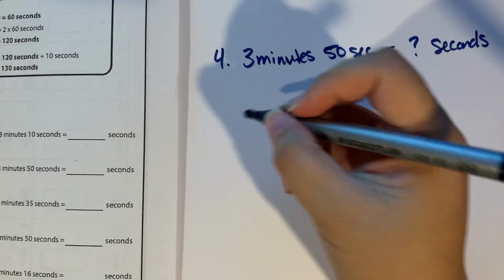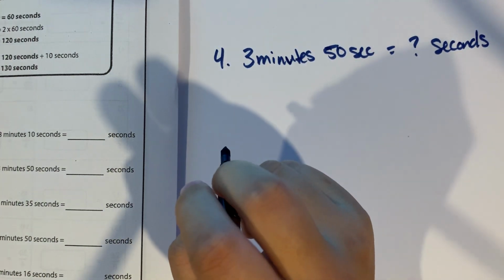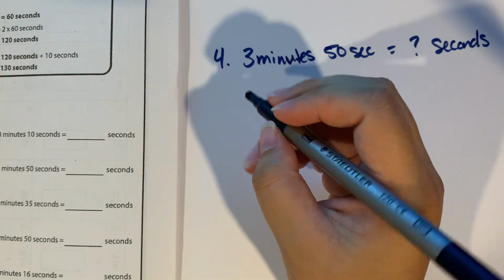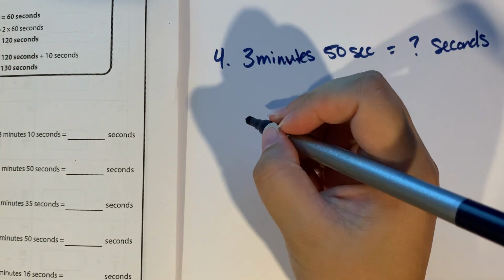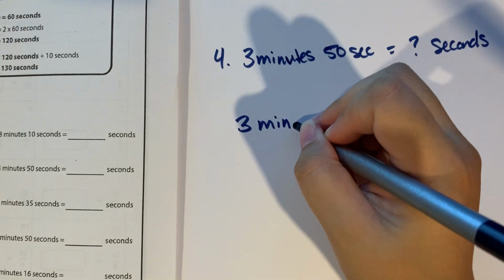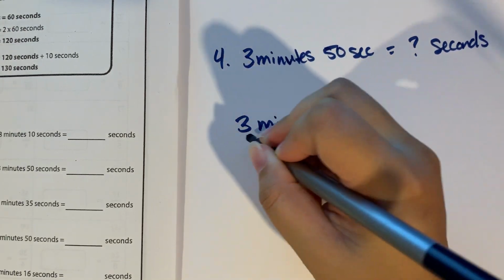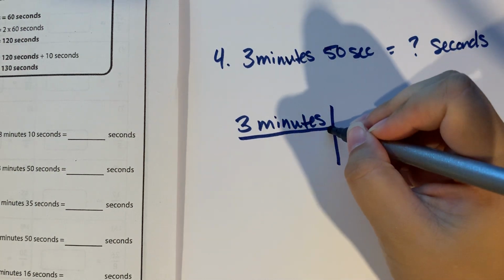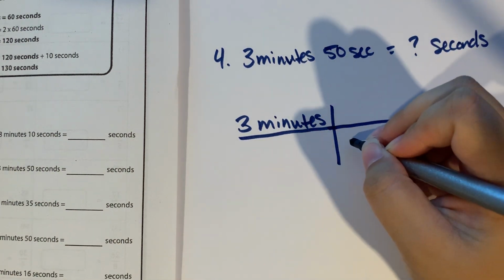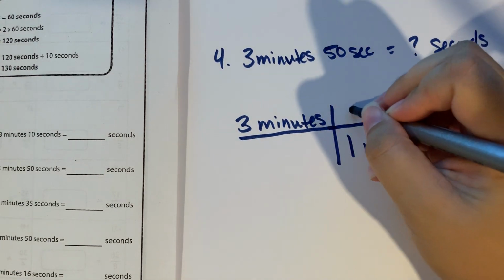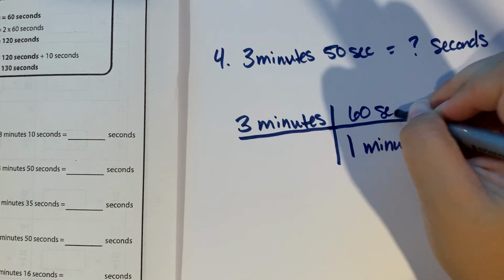Easiest way to do this: this is the process that you should be using for any type of time conversion, just because it's going to keep you consistent. So we'll do 3 minutes. This is the formation for it. We're trying to go to seconds, so 1 minute has 60 seconds.